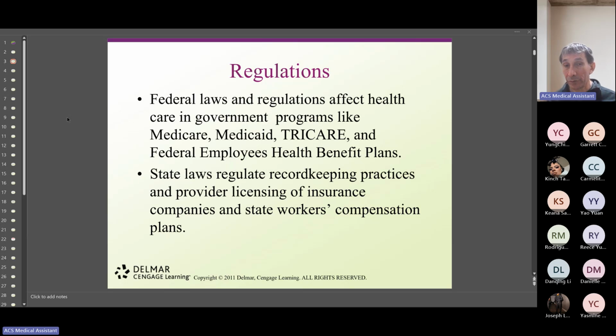All of them have to follow regulations, of course. Fraud happens anywhere, whether it's private or governmental. But the government is going to be more stringent when it comes to fraud and other types of violations that we're going to see later on in this chapter.